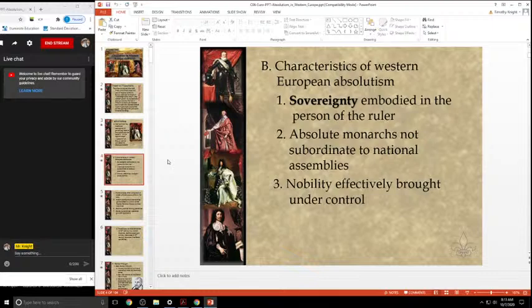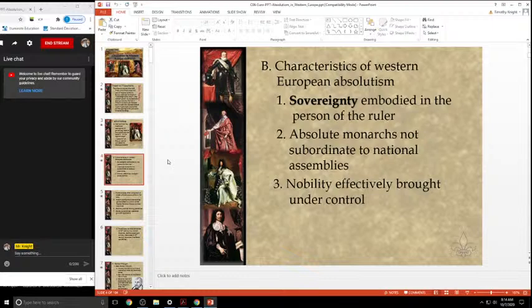But characteristics of Western absolutism is that sovereignty again is this idea of independence, okay, state sovereignty. And when we talk about sovereignty in this time, it's not so much, when we think of the United States as a sovereign nation, it's not because we're run by a king.